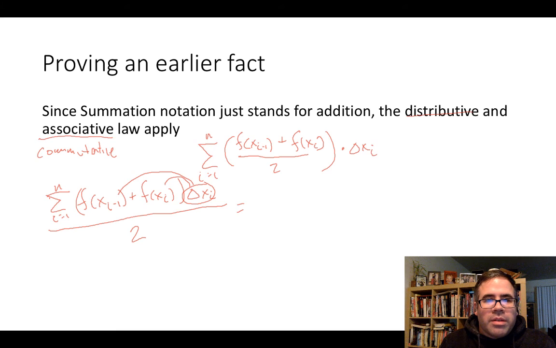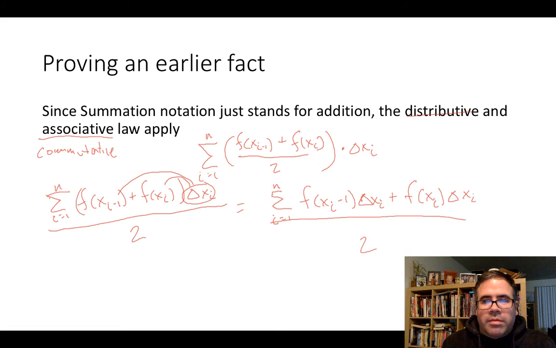So this would have to equal the sum from i equals 1 to n of f of x sub i minus 1 times delta x sub i plus f of x sub i times delta x sub i, all over 2. Well, that's also great. And this looks suspiciously like the left sum. This looks suspiciously like the right sum. They're just contained in the same summation.